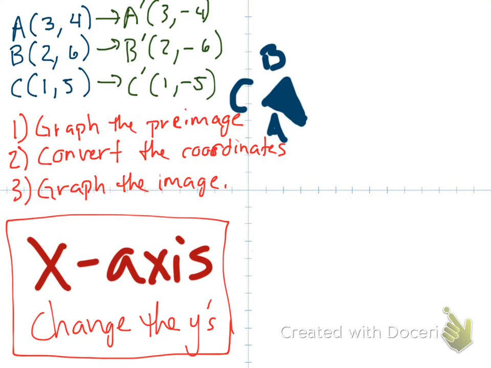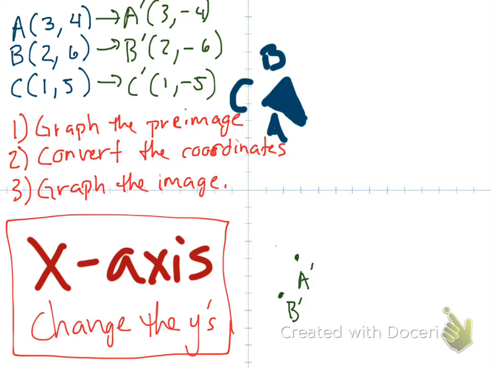Okay. Now we graph these. We've already graphed the pre-image. We've then converted the coordinates, and now let's graph the image of this terrible looking triangle that I tried to graph. Alright, so now you have 3, negative 4, which is here, and that's A prime. And then you have 2, negative 6, so 2, negative 6, which is going to be here.